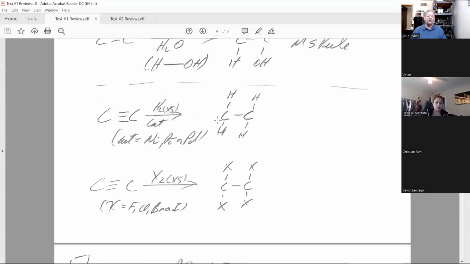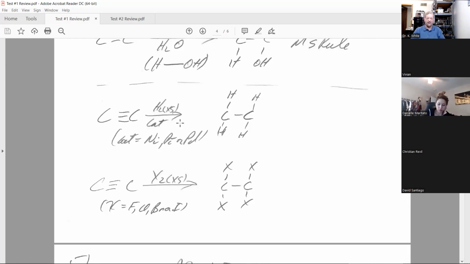Next, we talked about triple bonds. And triple bonds have 2 pi bonds and 1 sigma. So if we do hydrogenation, adding hydrogen, because organic chemists are lazy and we don't want to balance the chemical equation, if you look right here, we have bracket XS close bracket.